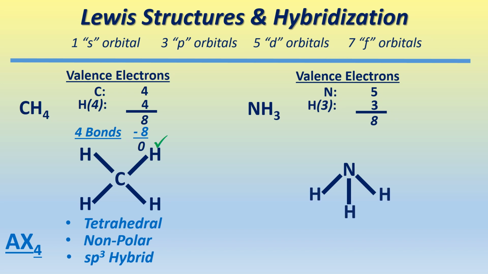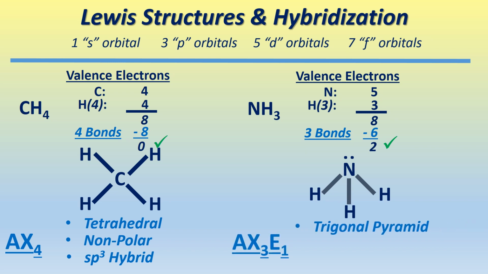Those 3 bonds use up 6 of the electrons, leaving 2, which go to the nitrogen to complete the octet, giving NH3, again, a general form of AX3E1. We know that this is trigonal pyramidal. Also, because it has that lone pair of electrons, it is not perfectly symmetric, therefore it is polar.